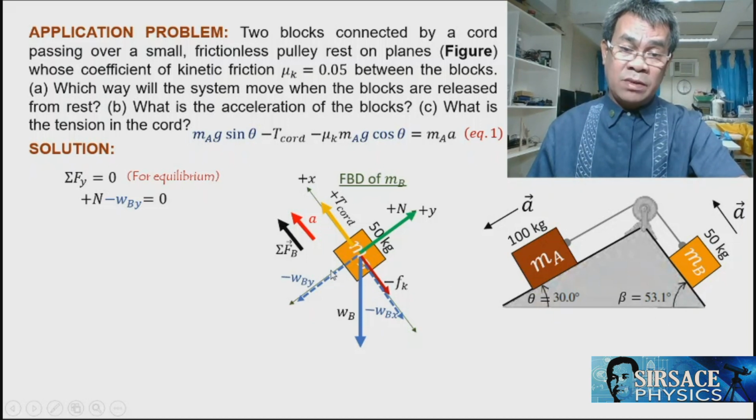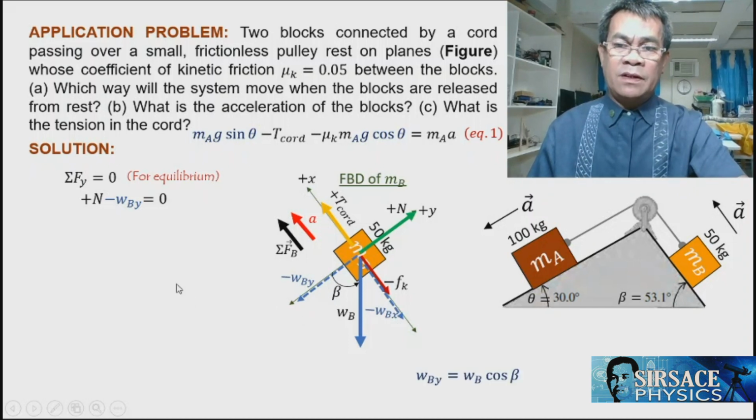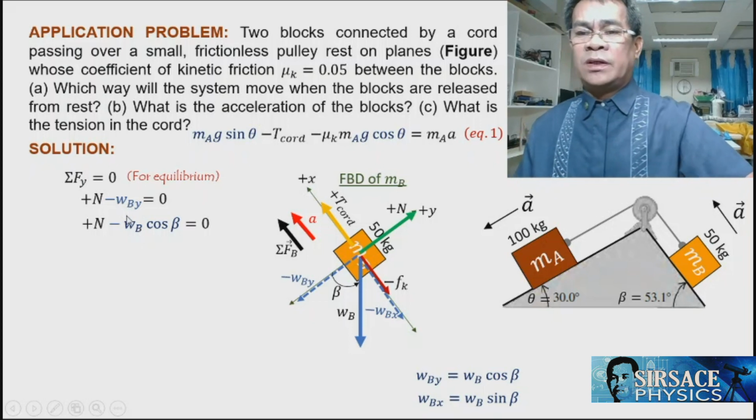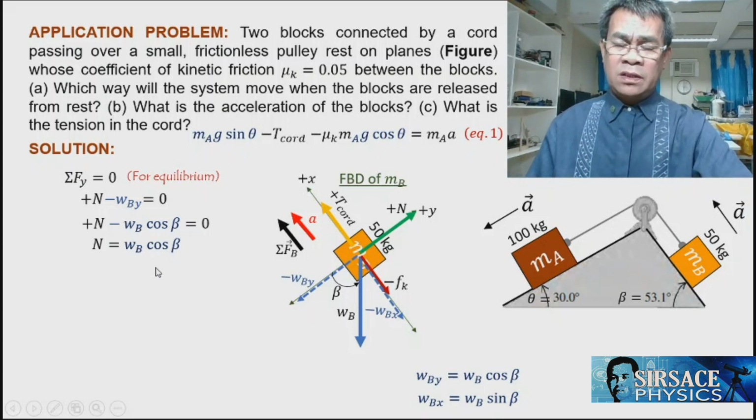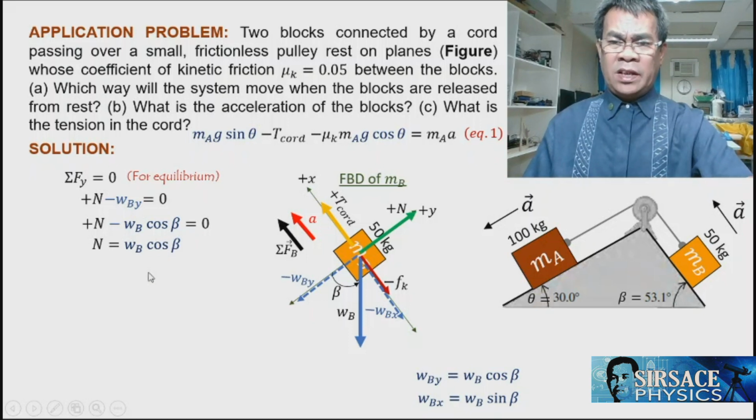The Y is adjacent to beta, while X is opposite. So we can say that WBY is W cosine beta, while WBX is W sine of the angle beta. So replacing here, we come up with N equals WBY, or WB cosine beta. Transpose that to the right side.